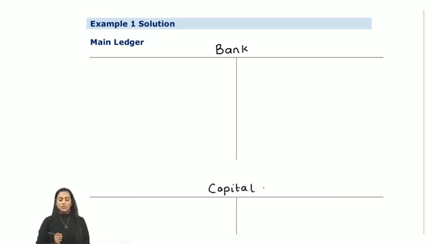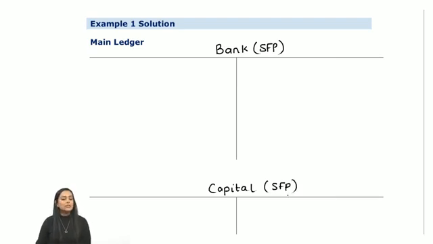Now what I'm going to do is ensure that you remember which statements these accounts belong in. Bank is an asset, and assets belong to the SFP. Capital represents owner's funds, and owner's funds appear on the SFP.